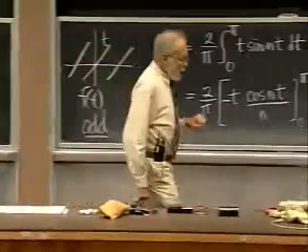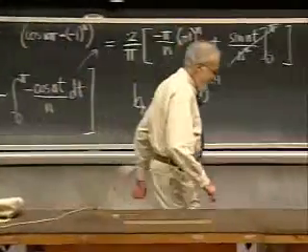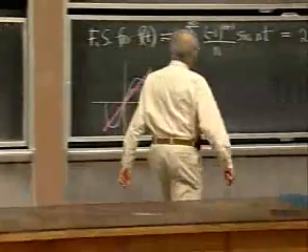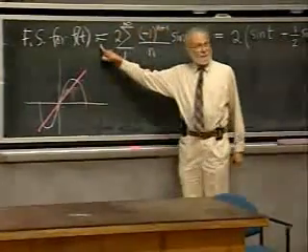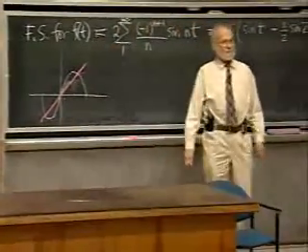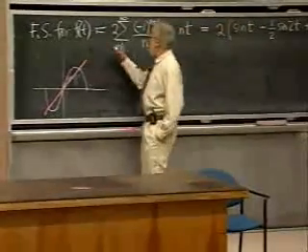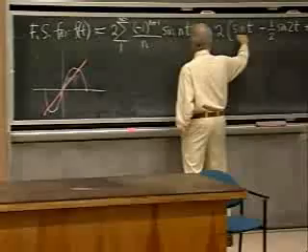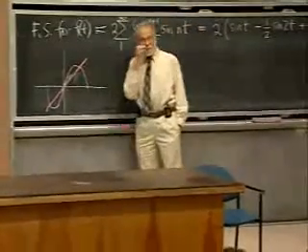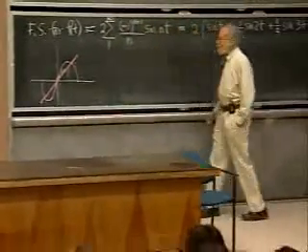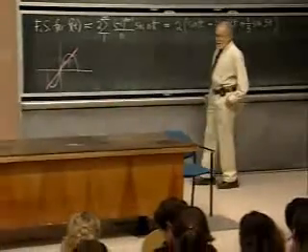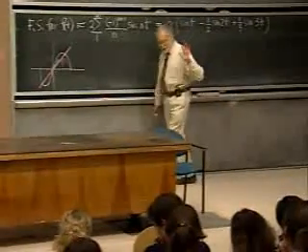Now, there's still one mathematical point left. It's that equality sign, which is wrong. Why is it wrong? Well, what I'm saying is that if I add up this series, it adds up to f of t. Now, it almost does, but not quite.